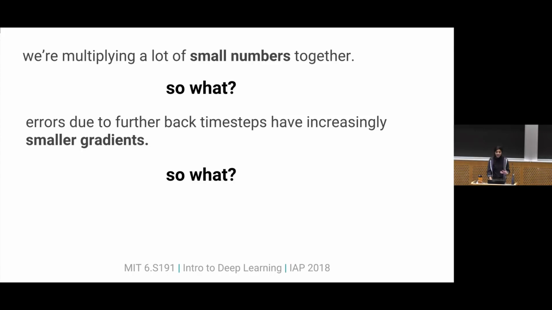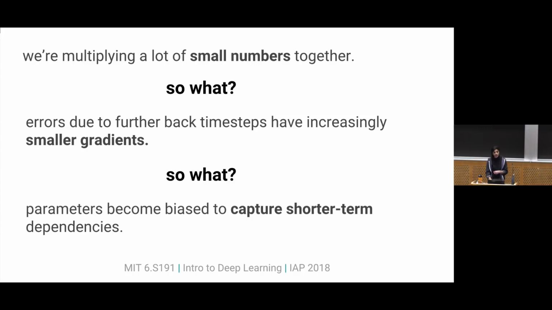What this ends up meaning at a high level is that our parameters will become biased to capture shorter-term dependencies. The errors that arise from further and further back time steps will be harder and harder to propagate into the gradient at future time steps.